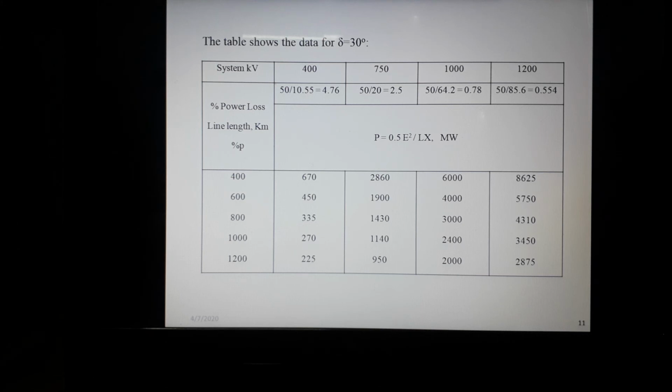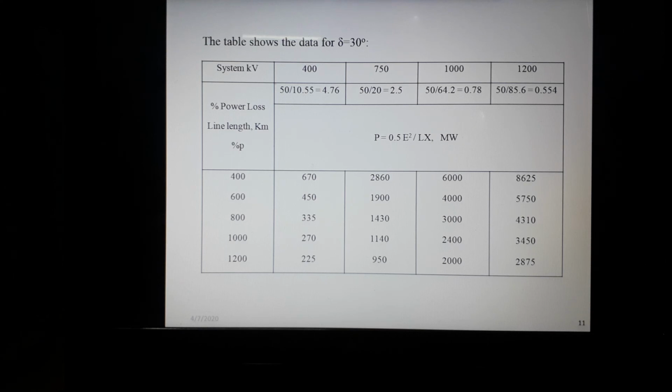And the power transfer through the transmission line is given by P equal to 0.5 E square divided by L into X, as sine delta is equal to 1 by 2 for 30 degrees. E square is the voltage magnitude of receiving and sending end voltage, L is the length of conductor, X is the reactance of conductor per phase per kilometer.